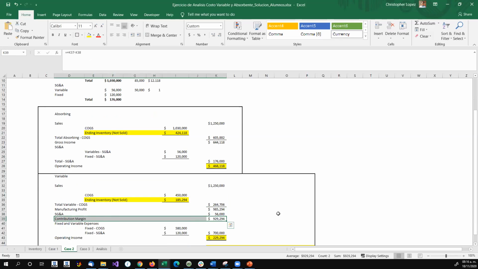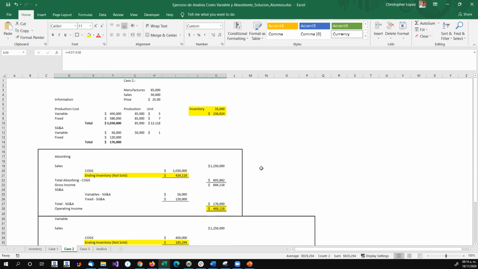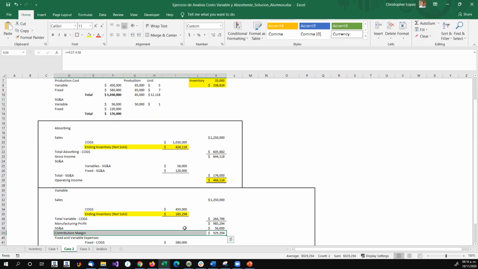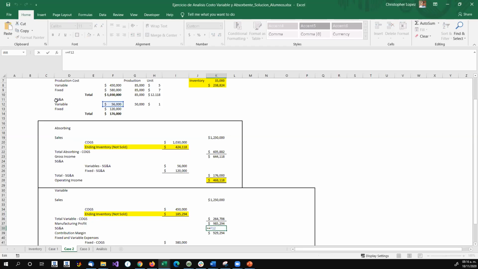And remember, in this part I am separating variable and fixed costs and expenses. So the next one should be a variable. It's no longer a cost, because the cost is already inside the cost of goods sold. So we are going to take the variable sales, general, and administrative. I felt I said that too fast.